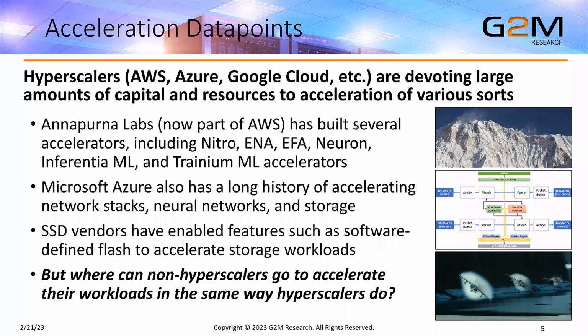Microsoft Azure has also done a lot of this work, especially around the networking stack, but also neural networks and storage. In addition, you've got a lot of SSD vendors who have provided capabilities like software-defined flash that allow people with large budgets to customize their flash storage to do what they want. So the real question is, if you're not a hyperscaler, what can you do to accelerate your own workloads? And that's what we're really here to talk about today.